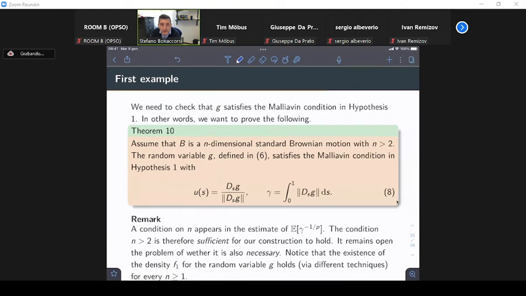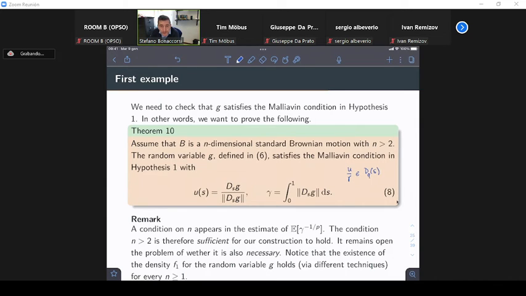So I set gamma to be this integral, the integral of |D_s G|² ds, which can be written explicitly because D_s G can be written explicitly. And let's say u(s) is given by D_s G divided by its norm, so it's normalized. And it is possible to prove that this satisfies the condition, if you remember, that u over gamma should belong to the q delta for some q.